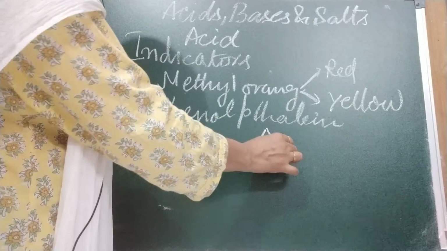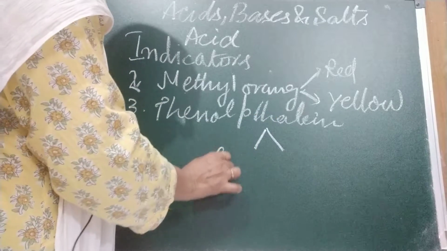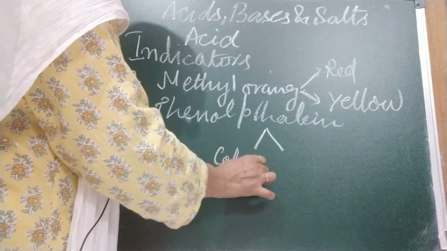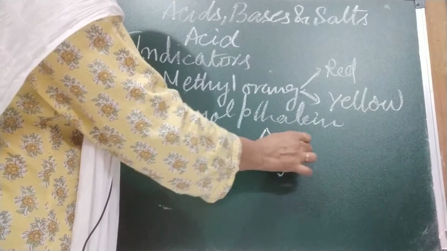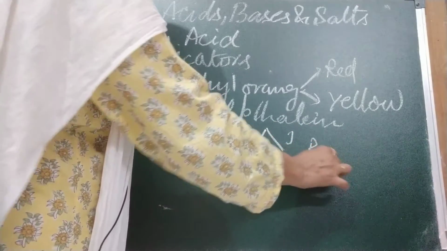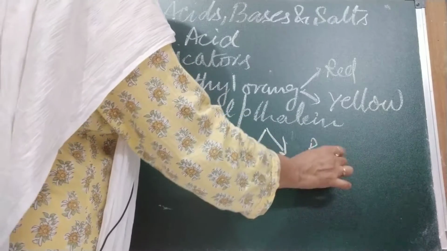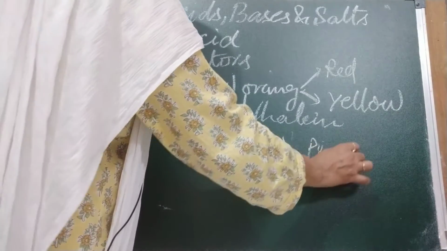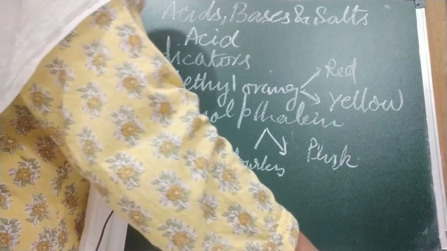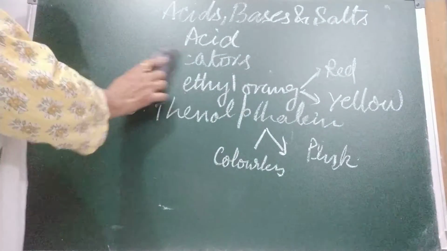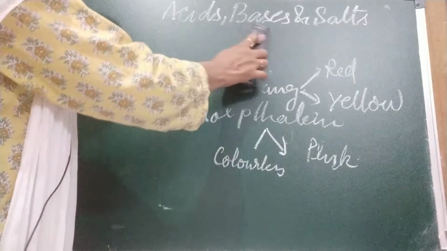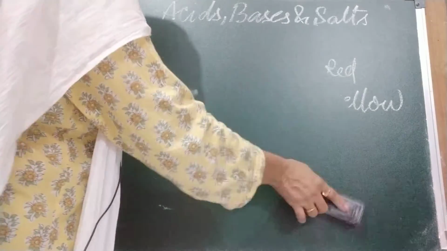Phenolphthalein is colorless in acidic and pink in basic solution. So these are indicators, by which we come to know whether the substance is acidic or basic in nature.